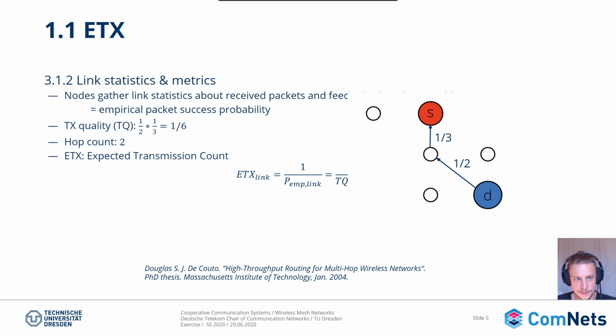And the ETX is a way to measure a link or path quality. We start with link quality here. And this is how it's calculated. So it's 1 divided by the success probability of a link.